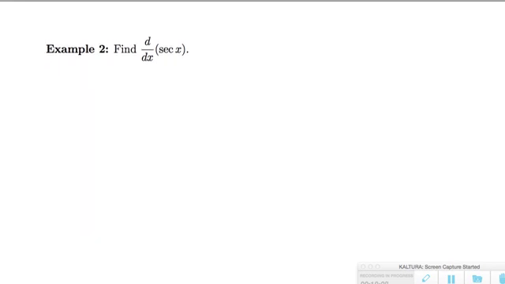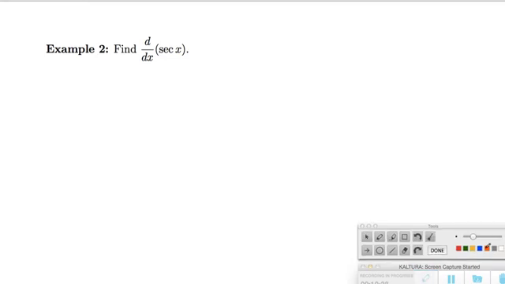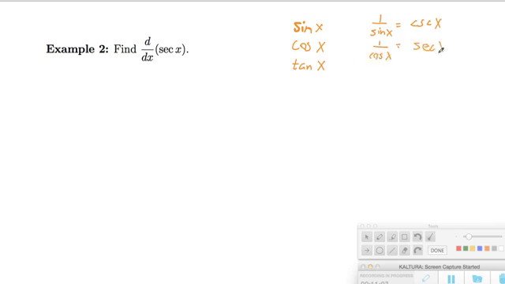Let's try another one. This time we're going to try to find the derivative of secant of x. Again, recall you've got sine x, cosine x, and tangent. And remember that 1 over sine, the reciprocal of that, is defined to be cosecant. 1 over cosine is defined to be secant.